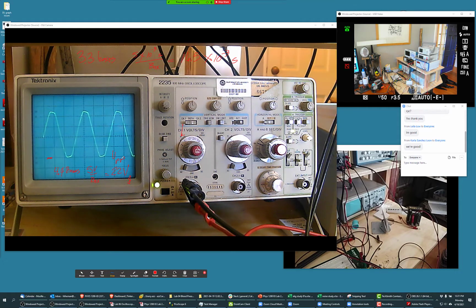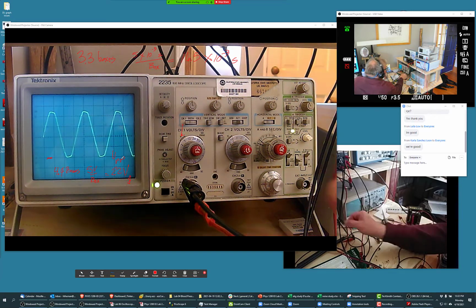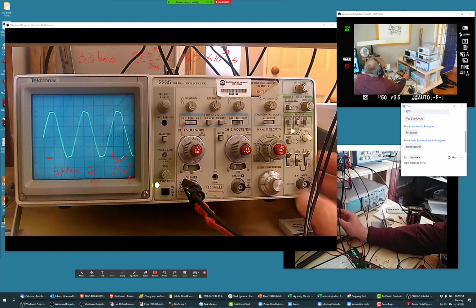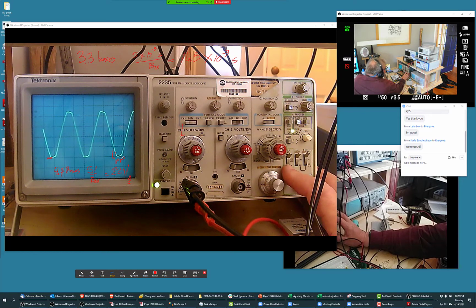Triggering, okay. So how does triggering work? This is a great way to see it. So I have it on line triggering at the moment. And so I can put it on internal.